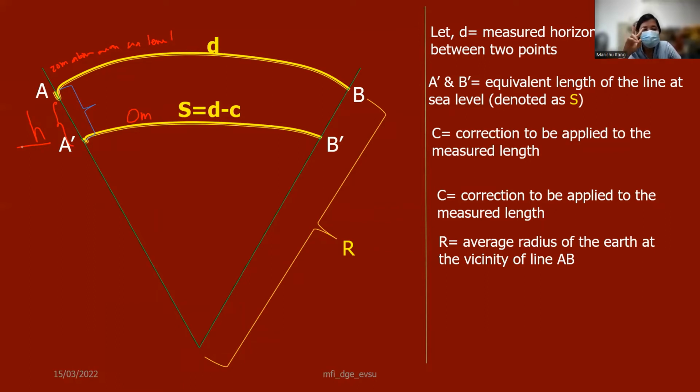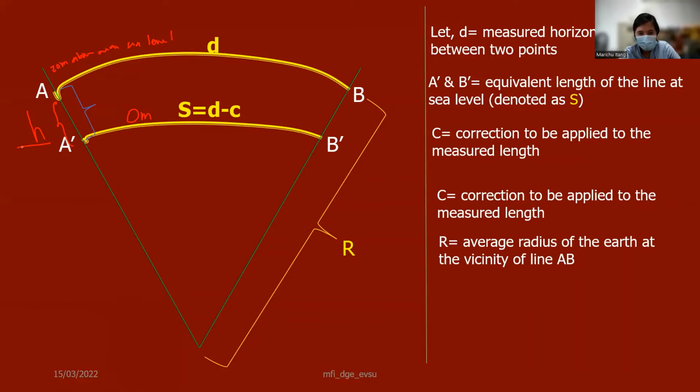So since dalawang point yan, A and B, i-average lang natin siya, hindi pwedeng isang H sa isang point, then another H for B. So we take the average. So you just add the average elevation, then divide it by 2. So that would be now the reduced, and then compute the reduced sea level length.